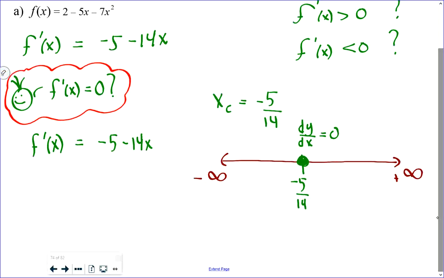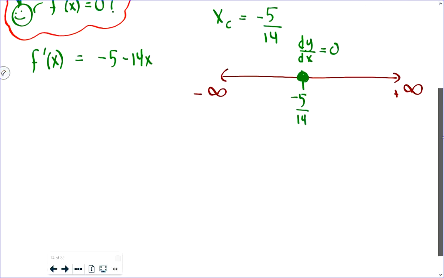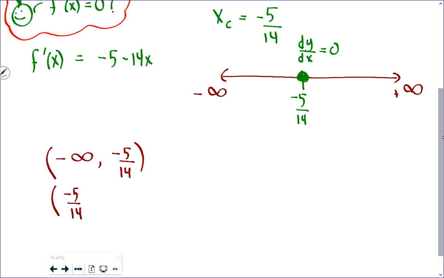The first derivative chart will contain intervals along the side that are created by taking slices of the infinite domain wherever there's a critical value of x. So I want to investigate the function from negative infinity to negative 5/14. I want to investigate the function from negative 5/14 to positive infinity.